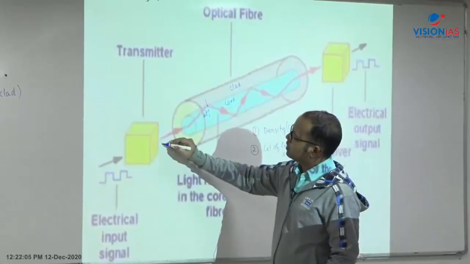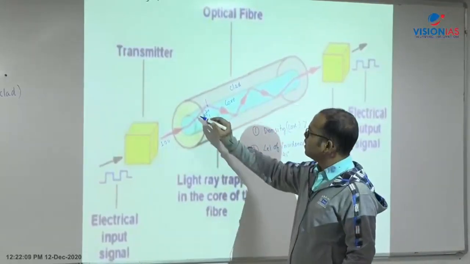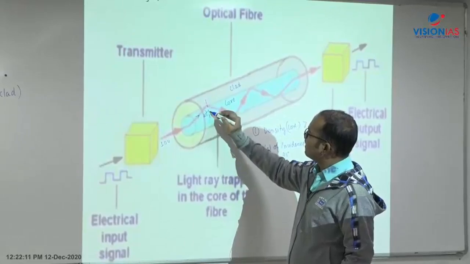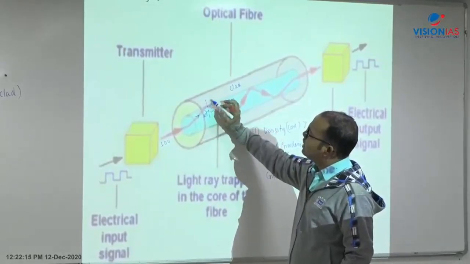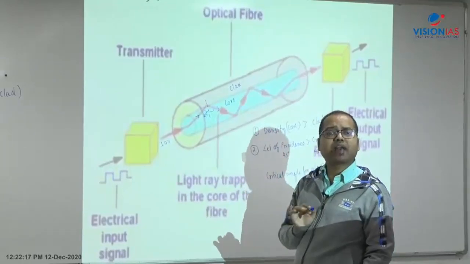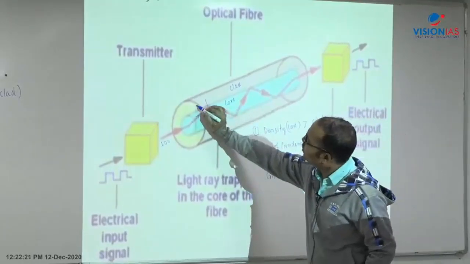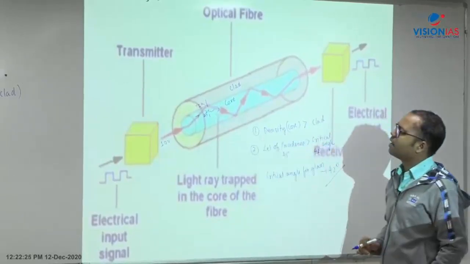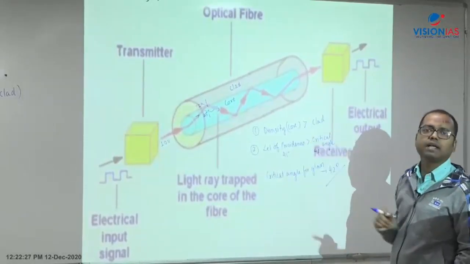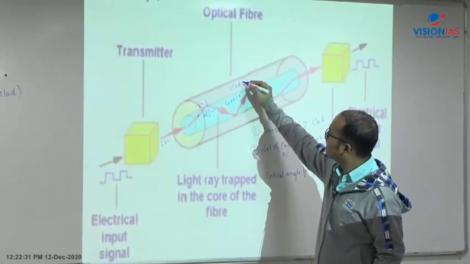Suppose 100 message means 100% is sent. It will come at 45 degree, it will be reflected. There will be no refraction. Why no refraction? Because here TIR will happen, total internal reflection, because it is fulfilling both the criteria. Light is incoming from denser medium. Core is denser and clad is rarer.